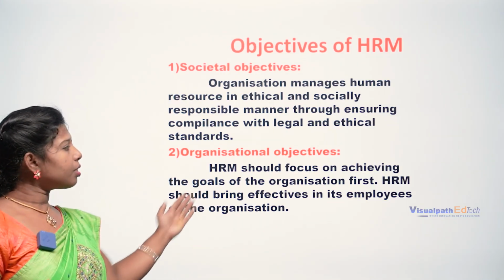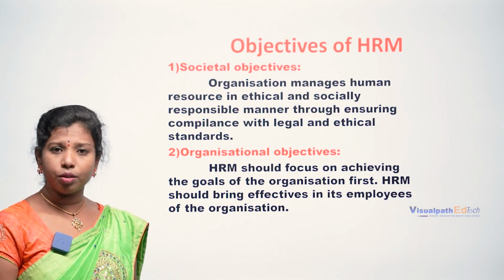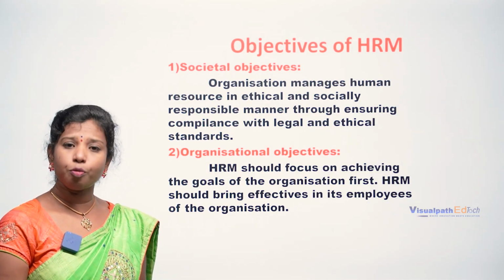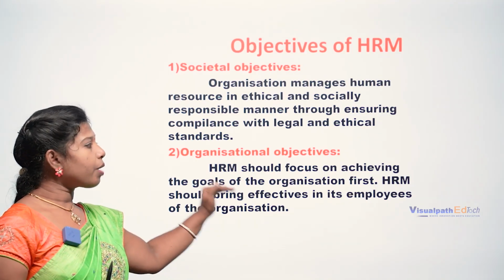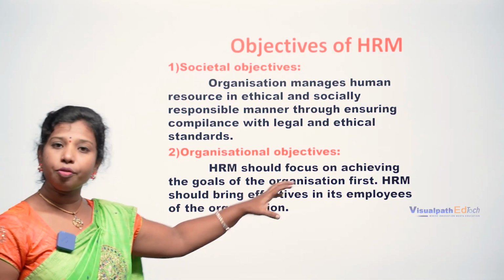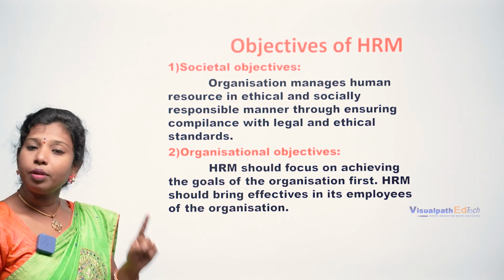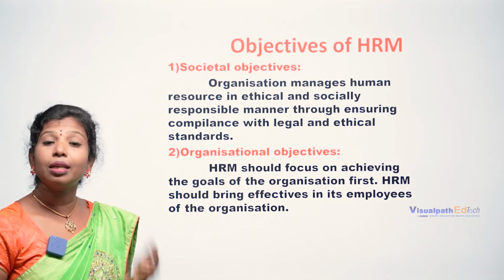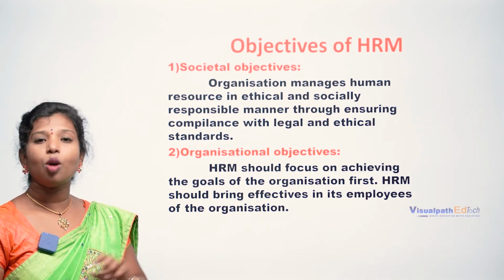Next, organizational objectives. If you have an organization, what is the primary objective? To earn profits, right? So here, HRM should focus on achieving the goals of the organization first. Whatever will happen, the first and foremost important thing is to achieve the objective. This is the primary objective.